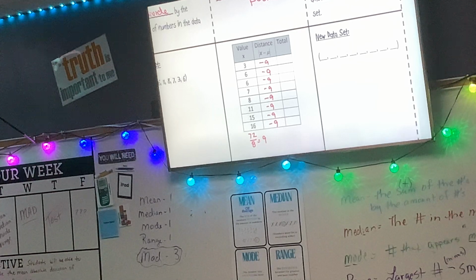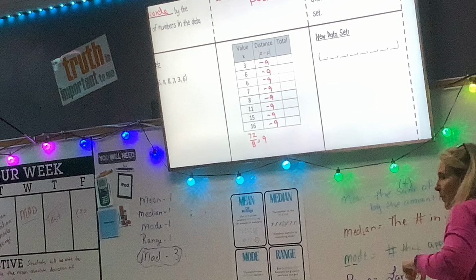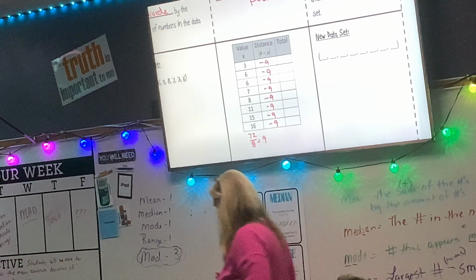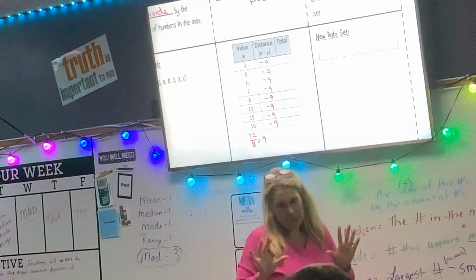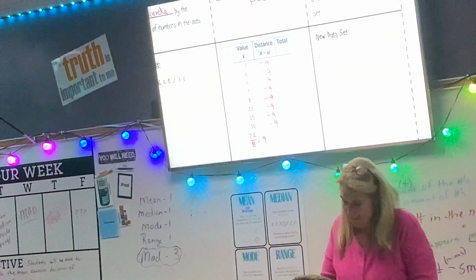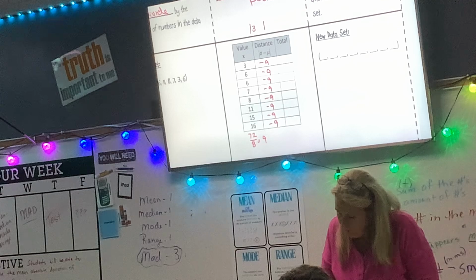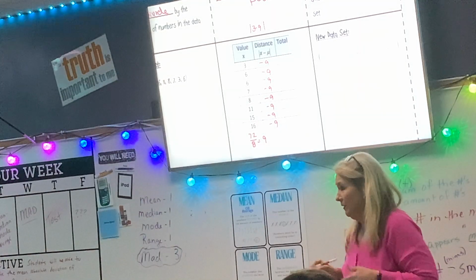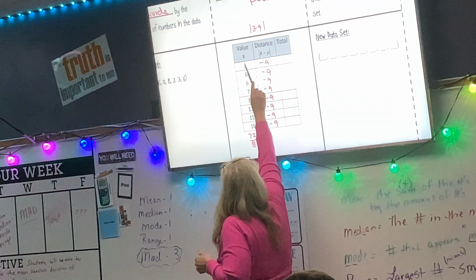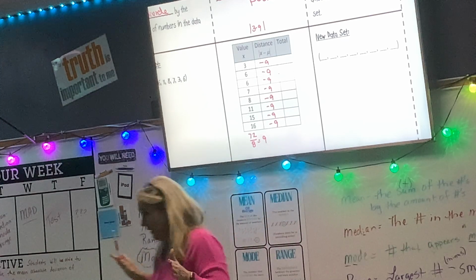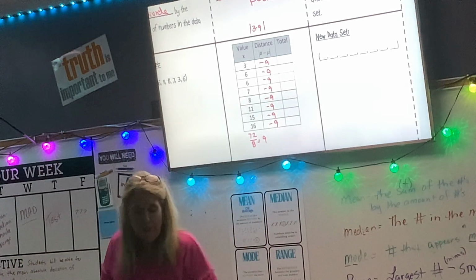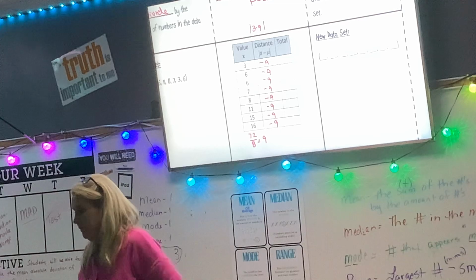Okay? Now, everybody pick up your calculator. And I literally should make you write that middle column like this. These are absolute value signs. And the first number minus 9. But I'm not going to make you do that. Okay? I think you can say 3 minus 9 and hit enter. Right? Okay. So everybody hit 3 minus 9 and hit enter.